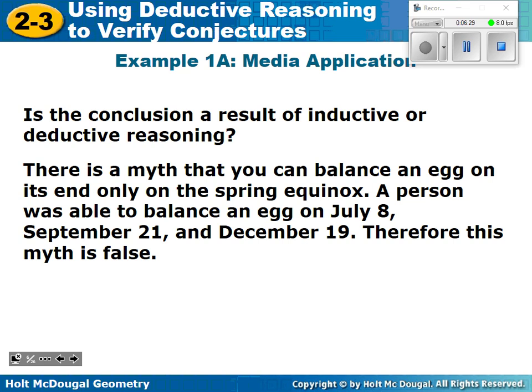You have to observe something happening over and over again. So you're trying to decide, did the person make their decision on the myth being false based on a series of facts that are given or on a series of events that have occurred over and over and they had to watch a pattern? Okay?